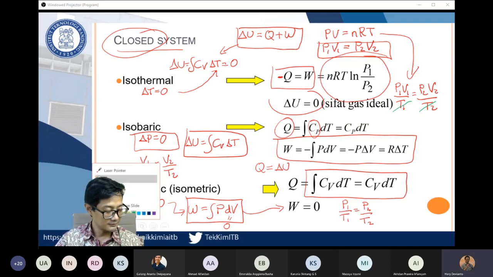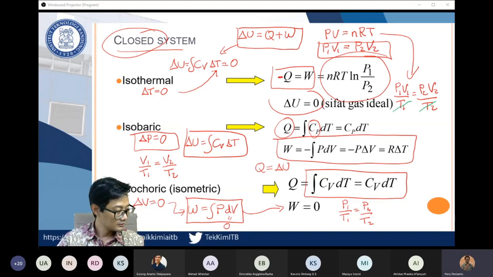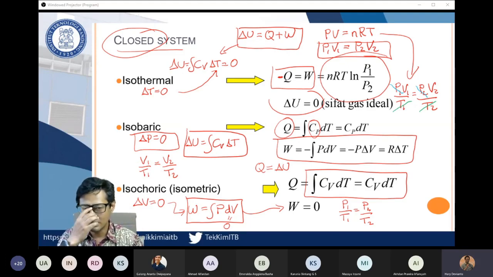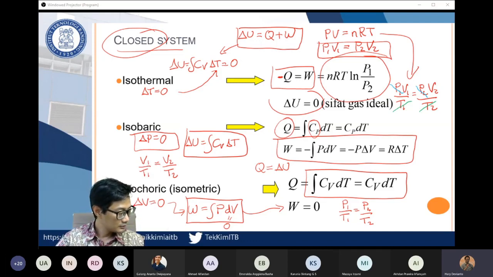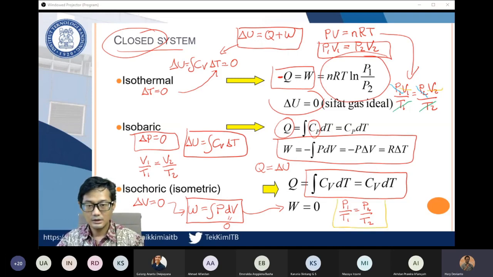When you have an isobaric condition, just remove this one, so the relation would be V1 over T1 is equal to V2 over T2. And the last one, when you have an isometric condition, V1 and V2 will remain the same, so you will have this kind of relation: P1 over T1 equal to P2 over T2.